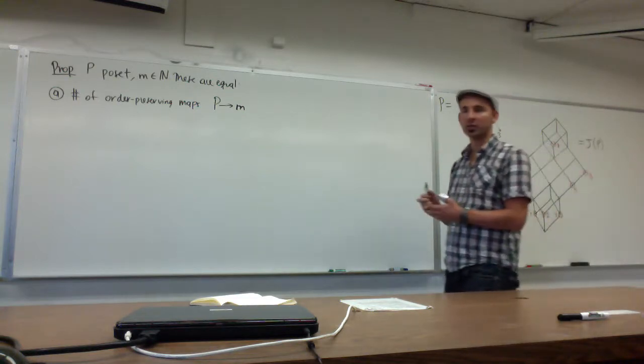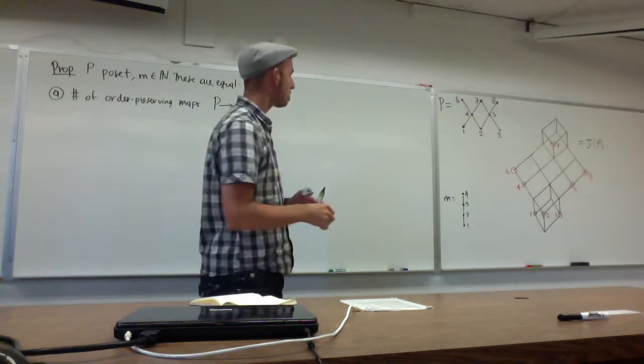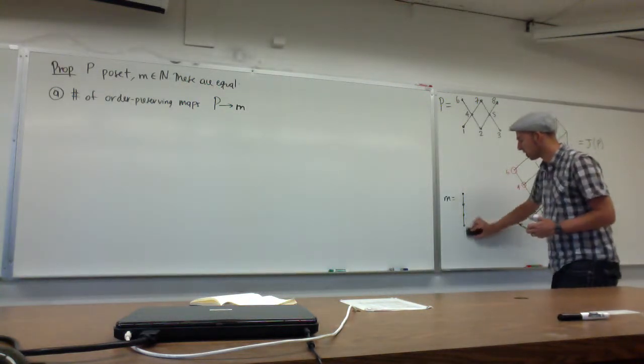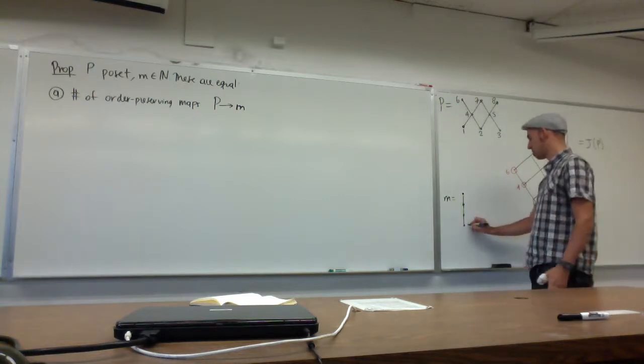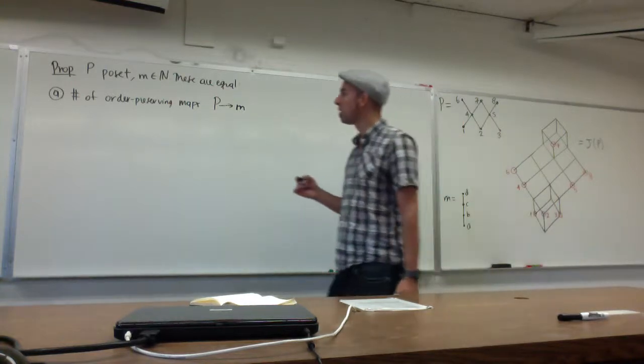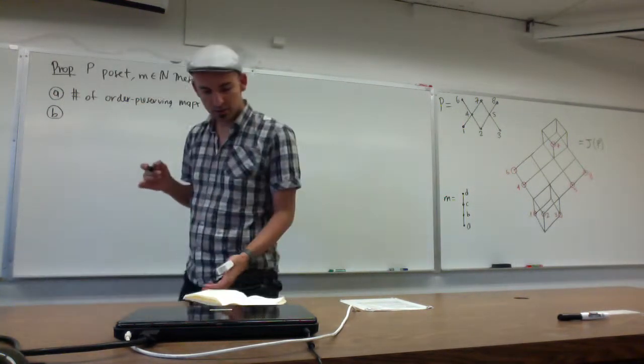That's an order-preserving map from this poset to this poset. Actually, maybe we'll get less confused if we call this A, B, C, and D. So this is one of the things that we could count.